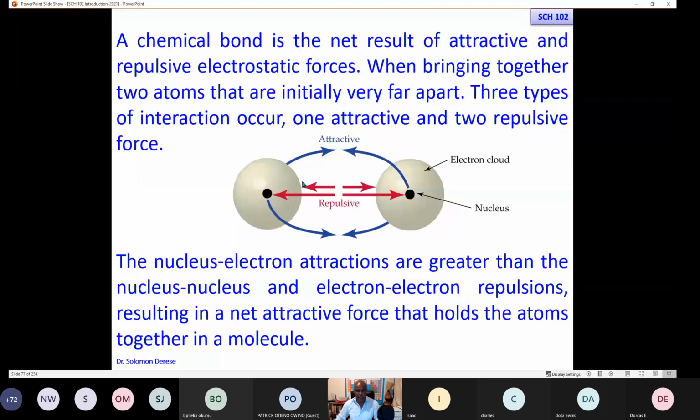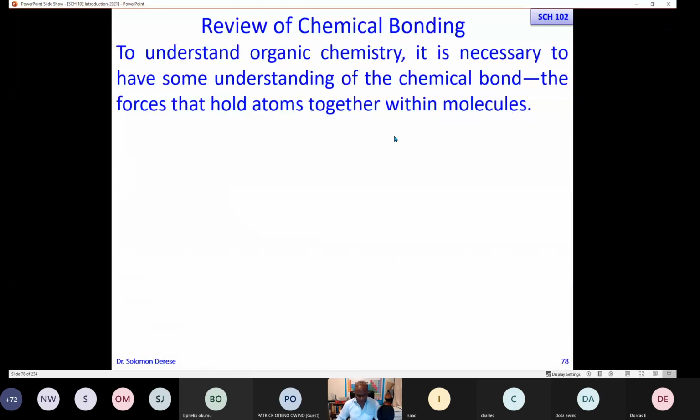When that happens, we'll have a chemical bond formed between the two atoms. And then there will be a certain distance between the two nuclei. That distance is the bond length. The bond length is measured in angstrom units. It is also common to see bond lengths between two atoms measured in nanometers.